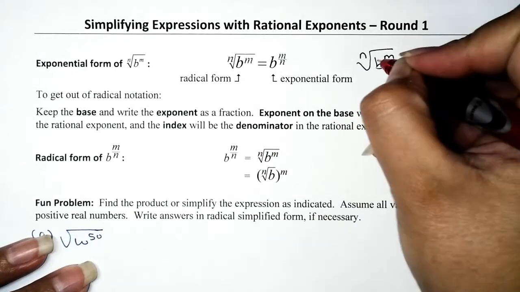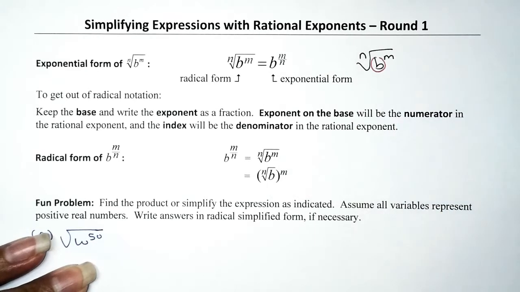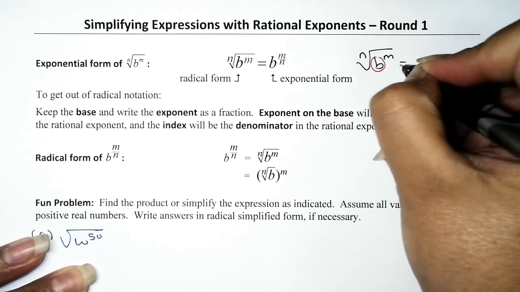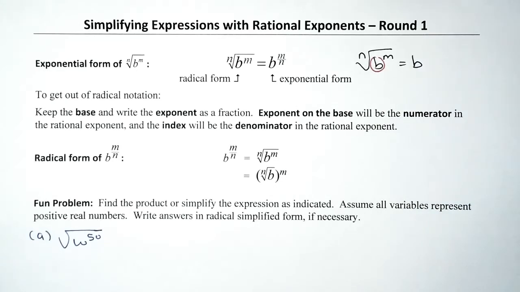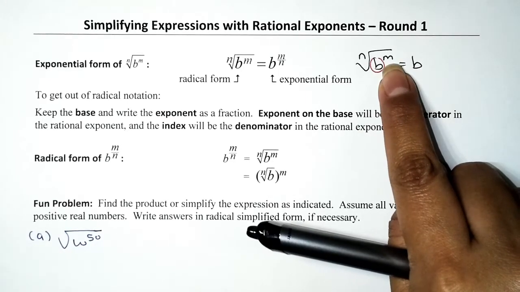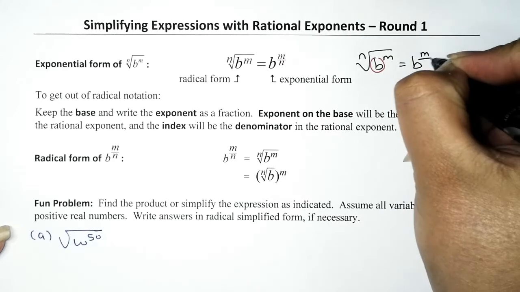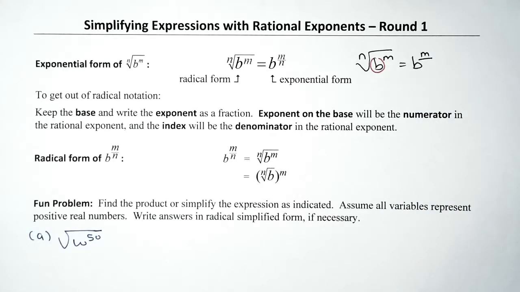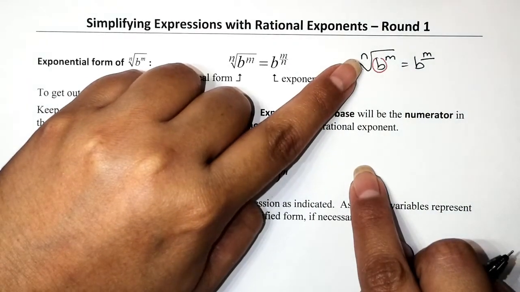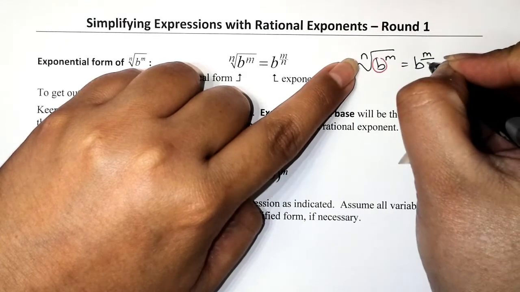You're going to keep the base, so we're going to write it as b, and then we want to write it raised to some power. How do we write that power? You're going to keep that current exponent of m, and then you're going to divide by whatever the index is.